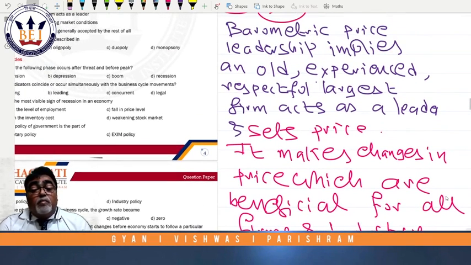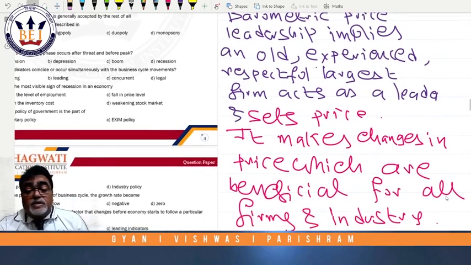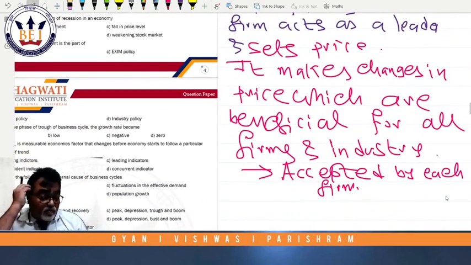Once more, barometric price leadership implies an old, experienced, respected, largest firm acts as a leader and sets price. It makes changes in price which are beneficial for all firms and industry, but it is accepted by each firm.